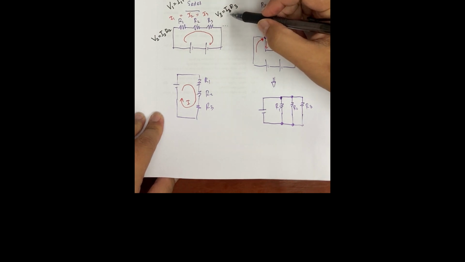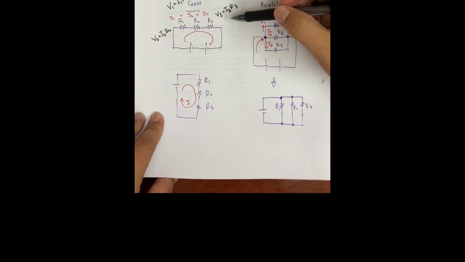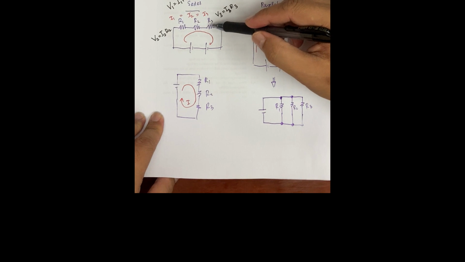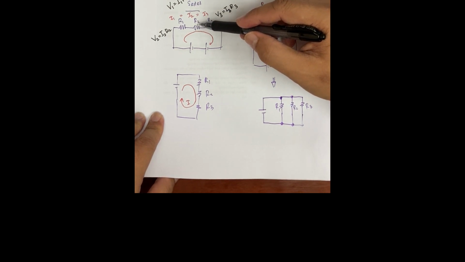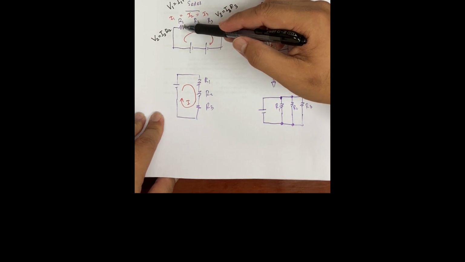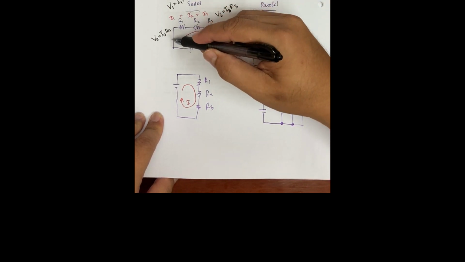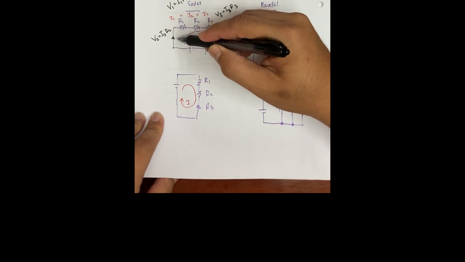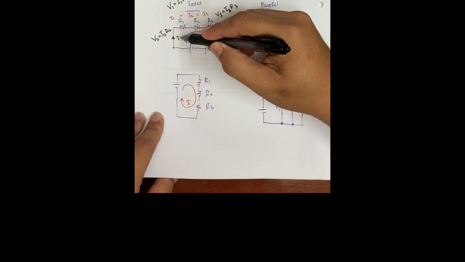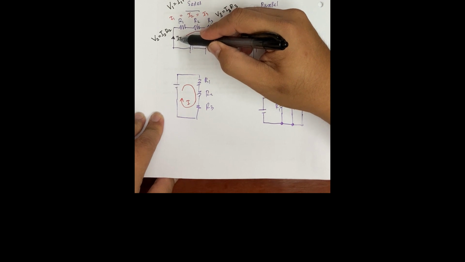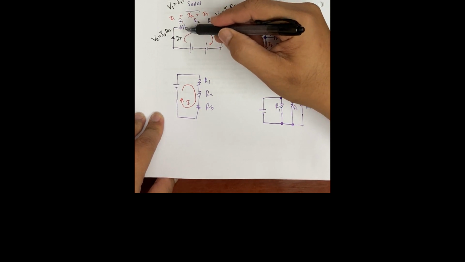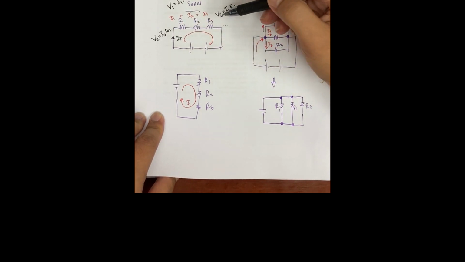This I1, I2, and I3 is just an indication that current is going through R1, R2 and R3. In this case I is the same, so we consider it as I total. IT is equal to I1, equal to I2, and equal to I3.